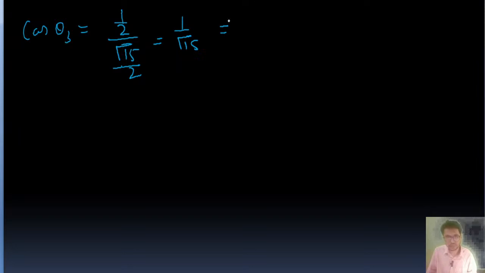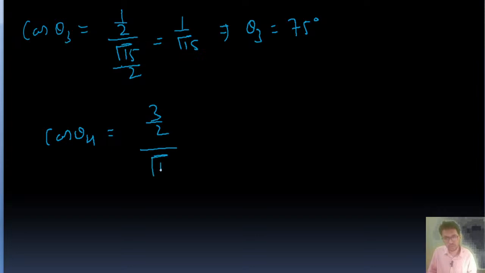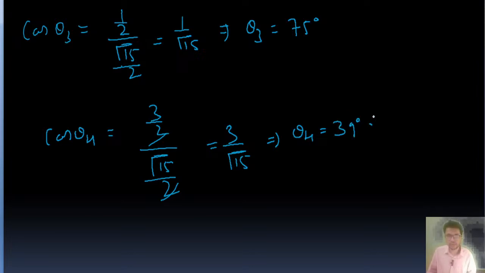And this implies theta 3 value is going to be 75 degree. Similarly, cos theta 4 is 3 by 2 upon root 15 by 2. So 2 will get cancelled, so this is 3 by root 15. And that implies theta 4 value is going to be 39 degree. So 39, 75, 104, and 140, right?